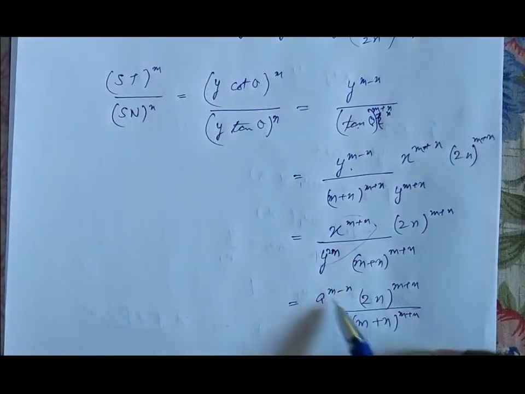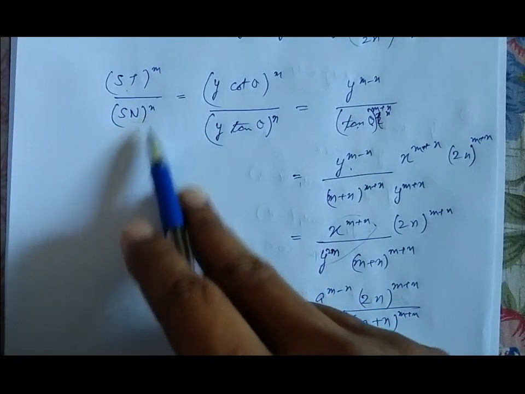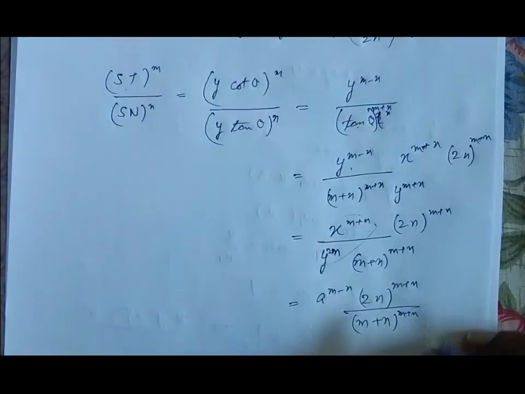So since this is a constant, hence st power m varies as sn power n.